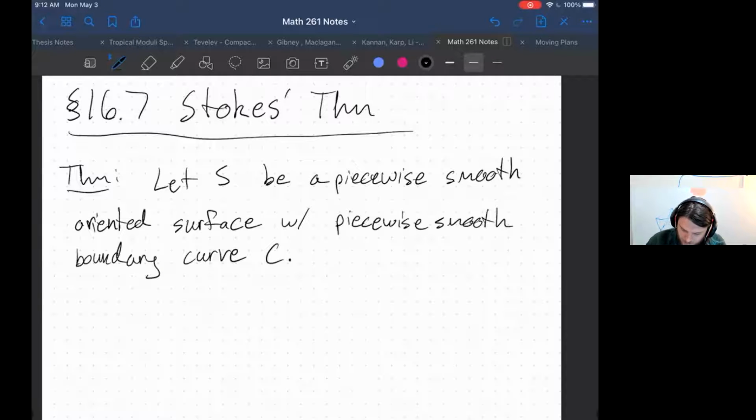You can think of this as a dome or a half sphere. You could think about it something like this, where this boundary curve, this open circle here, is C, and the surface is the rest of it, including that.